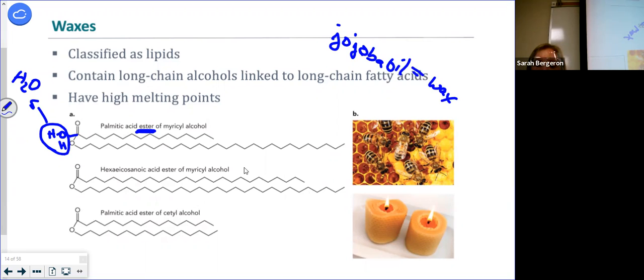But anyway, the other really cool kind of thing about waxes is sperm whales. Do you know about sperm whales? Sperm whales have a massive compartment, right? And that compartment contains a ton of an oil that is a combination of wax and triacylglyceride. And so they can actually control whether this mix is a solid or a liquid based on their body temperature.